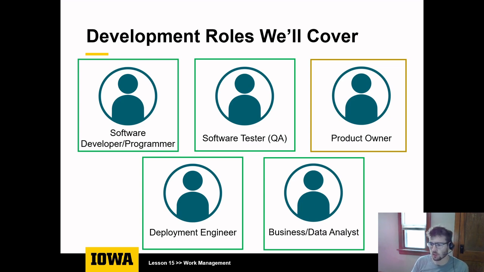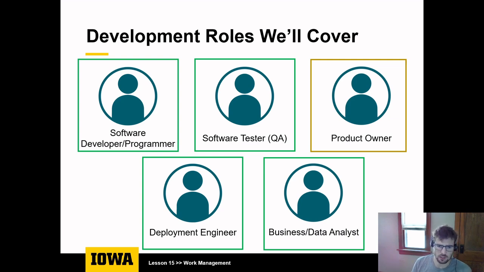So the product owner is the person on the software development team that will be responsible for describing the work to be done on a software product or the features to be added to a software product, and making sure that work is described in a way that is easily understandable and that is actionable, and there's various conventions that the product owner can use to describe work.